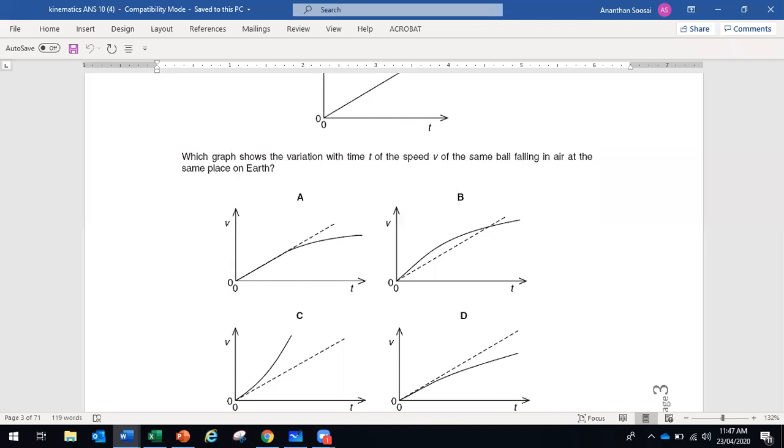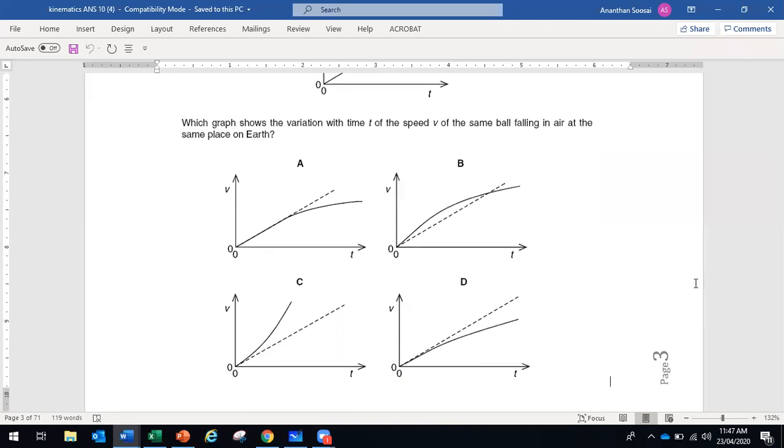Majority went for A. Okay, is it A? A tells what? At a certain point, the velocity with air resistance and without air resistance is the same. D tells what? The velocity starts to become smaller than the one without air resistance. Good. The answer should be D.